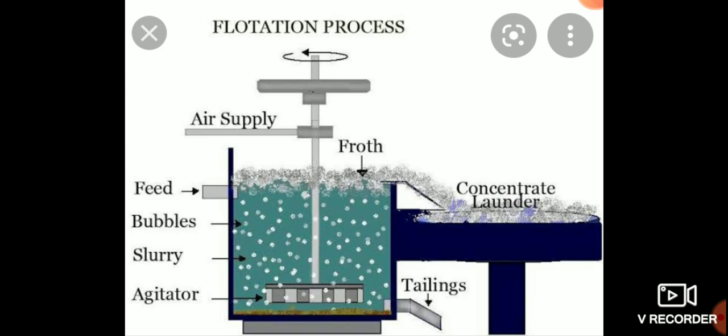In the froth, the metal ore is collected, and the gangue like sand and clay particles remain at the bottom of the container. The ore is wetted by the oil and gets separated from the gangue in the form of froth. The ore is lighter in weight, so it comes to the surface with the froth and the impurities are left behind.